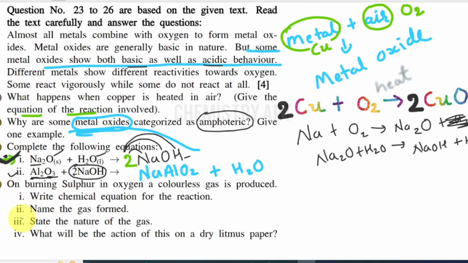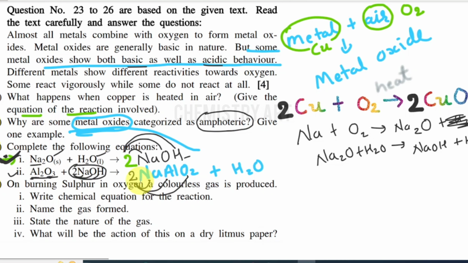When I balance, I see 2 sodium are there, so I can directly write 2 before NaOH. Now this 2 is multiplied with aluminium also and with oxygen also. Let's check how many elements remain on the right-hand side. Here 2 sodium, it is balanced. And aluminium: 2 aluminium, and on the left-hand side also 2 aluminium, so aluminium is also balanced.